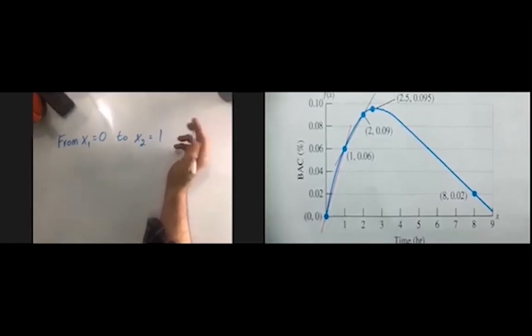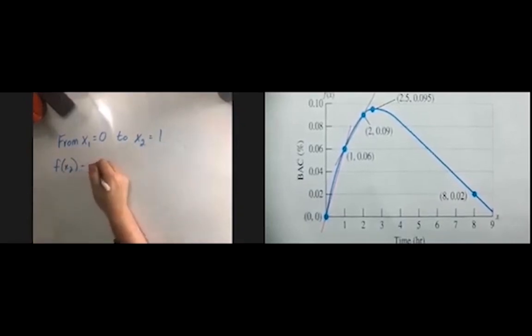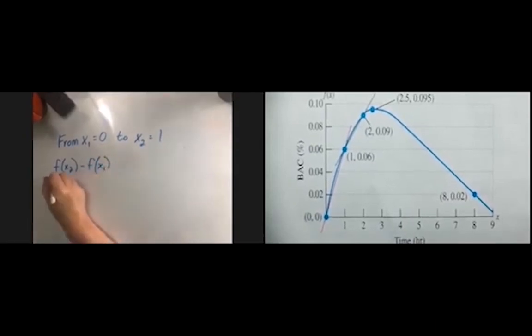So our formula is just the slope formula, but instead of y2, we're going to call it f of x2, and instead of y1, we're going to call it f of x1, over x2 minus x1.